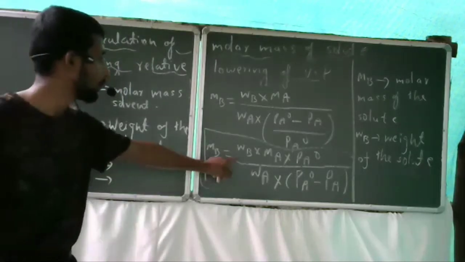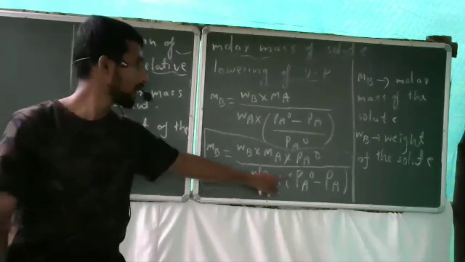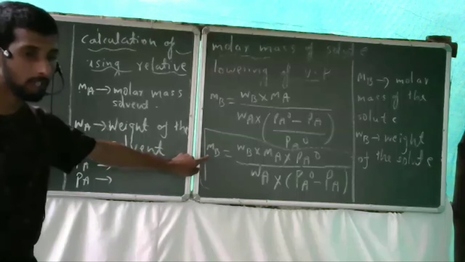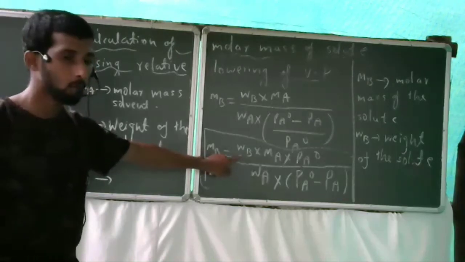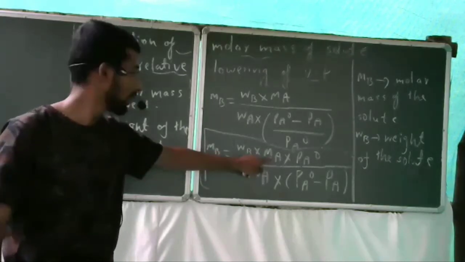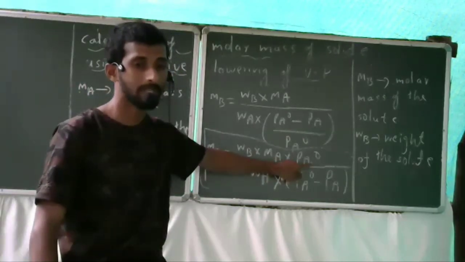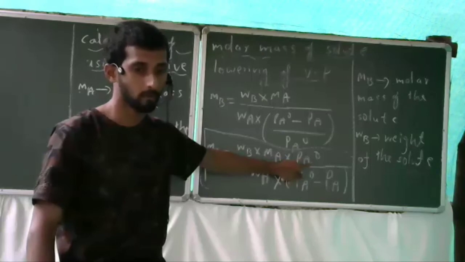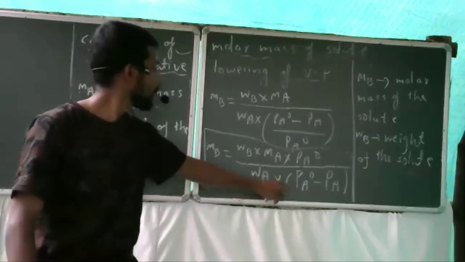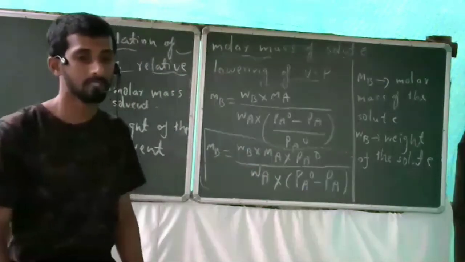Mb equal to Wb into Ma into PA naught divided by Wa into PA naught minus PA, where Mb is molar mass of the solute, Wb is weight of the solute, Ma is molar mass of the solvent, PA naught is the vapor pressure of the pure solvent, then Wa is the weight of the solvent, and PA is nothing but vapor pressure of the solution.